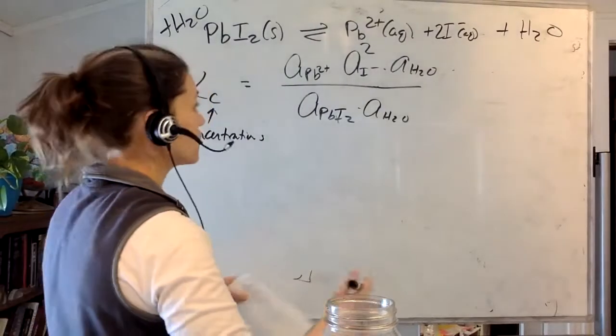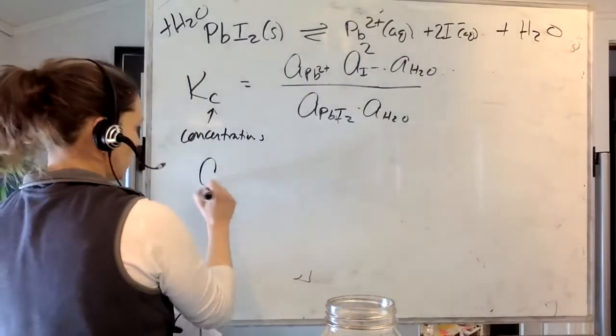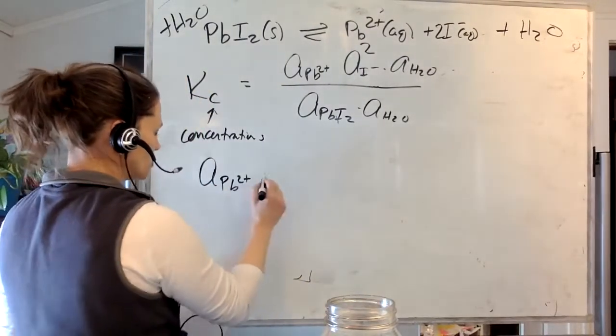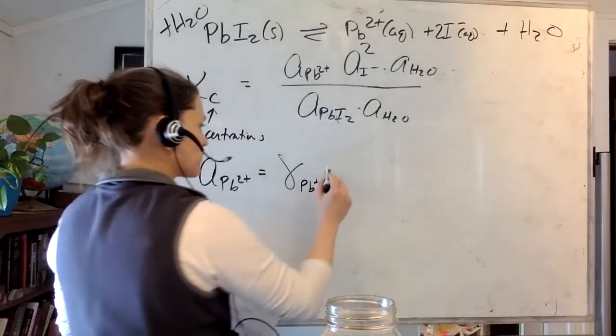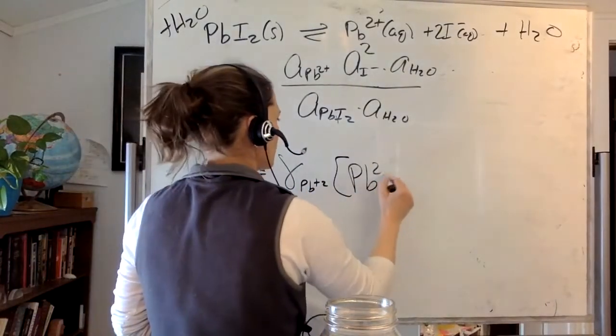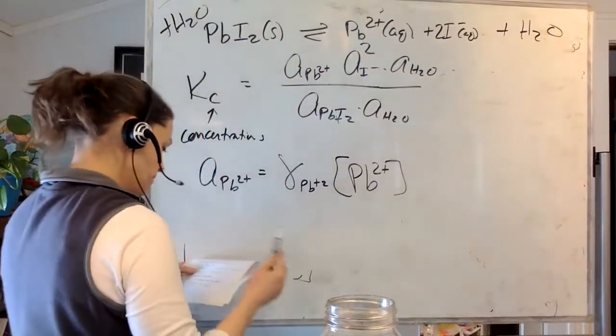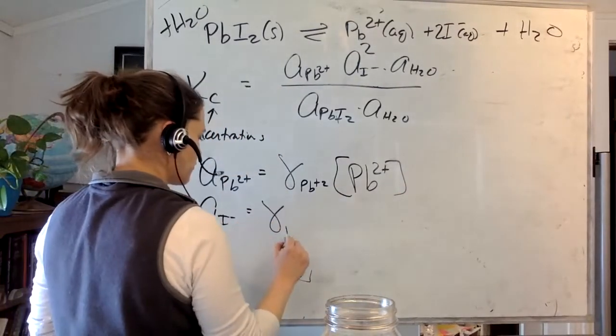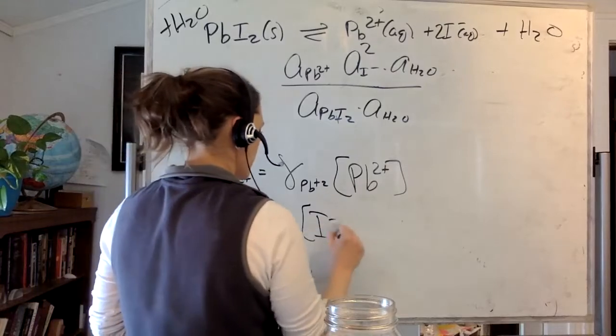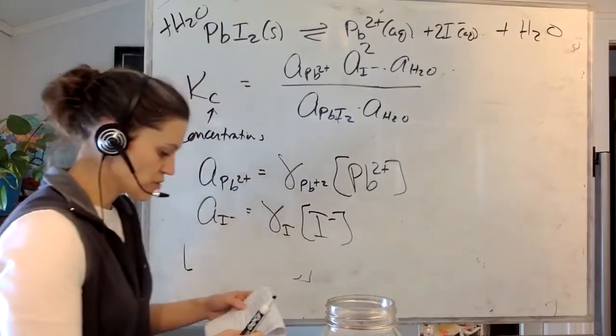Okay, so now we're going to say the activity of lead 2 plus is equal to the activity coefficient of lead 2 plus multiplied by the concentration. And the activity of iodide is going to equal the activity coefficient of iodide multiplied by the concentration of iodide.